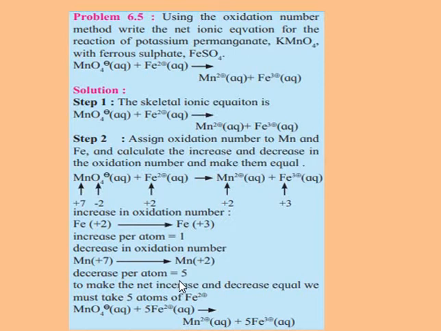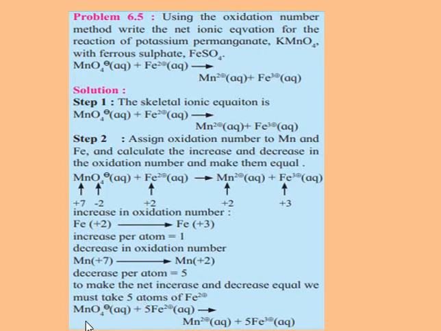To make the net increase and decrease equal, we must take 5 atoms of Fe2+. This means a cross multiplication: the decrease per atom is multiplied by the first equation, and the increase per atom of oxidation state is multiplied by the second equation.